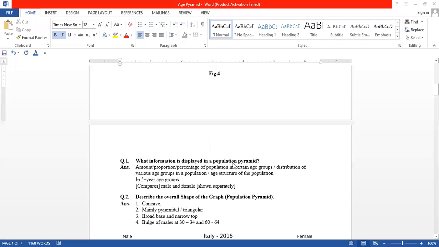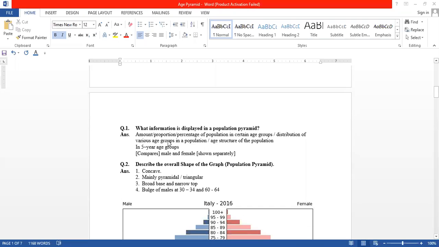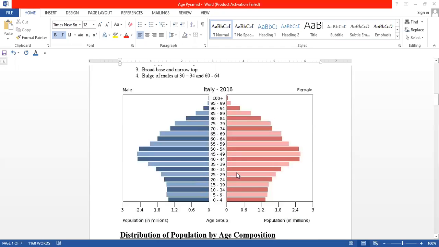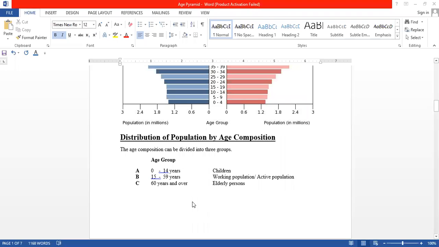Actually, according to this age pyramid, I solved two questions. The first is, what information is displayed in a population pyramid, and the second, describe the overall shape of the graph or pyramid shown. The next one is distribution of population by age composition. As I told earlier, according to the age pyramid, there are 3 groups.